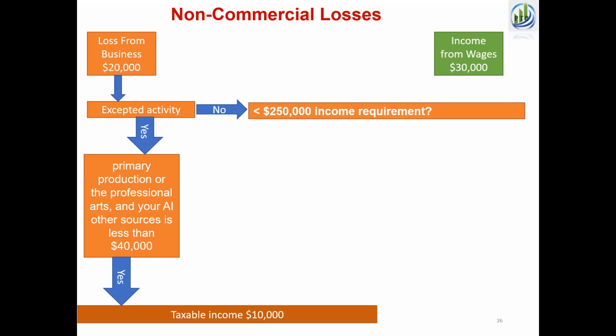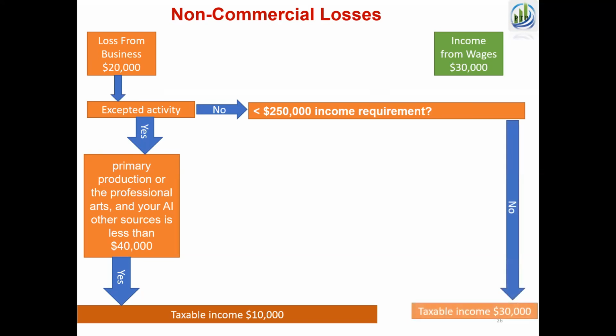There are four items. If the four items together are less than $250,000, you are eligible to do some more tests. If your four components are more than $250,000, you cannot do anything. Your taxable income remains $30,000, and that $20,000 will be carried forward.